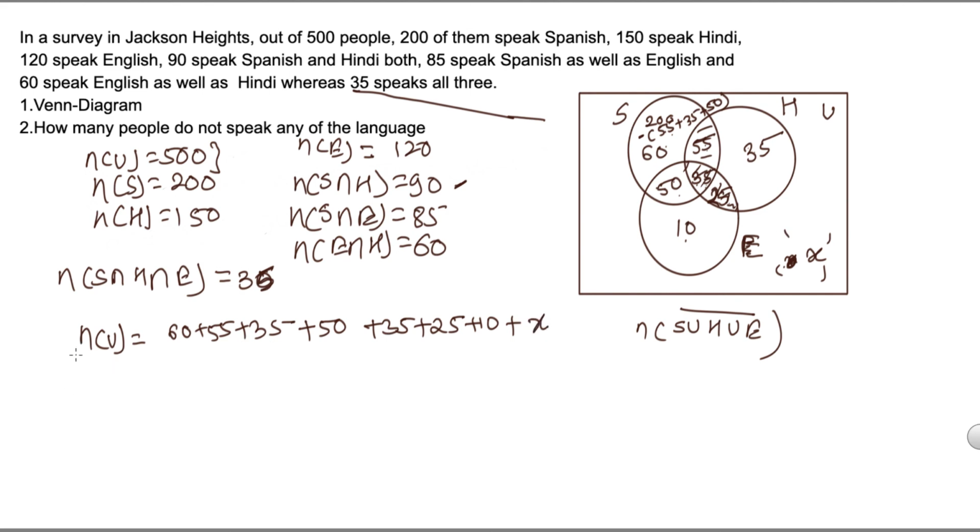So we have the value of U, which is 500, and we have all these numbers. We can solve for x and get the answer 230.